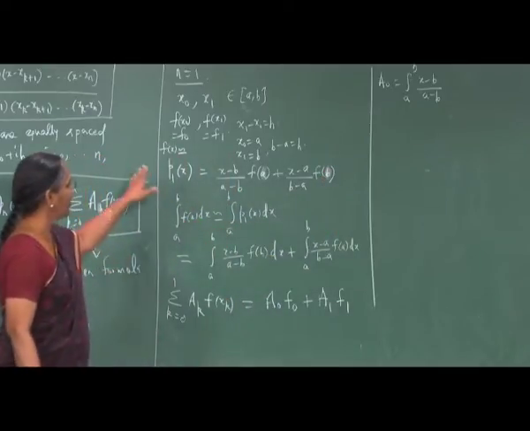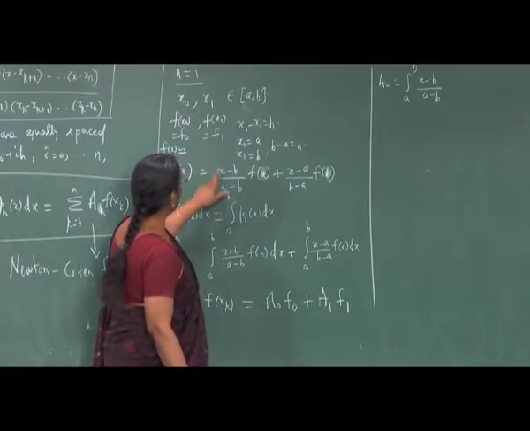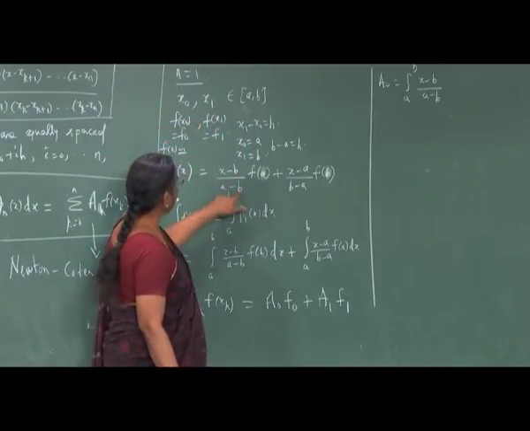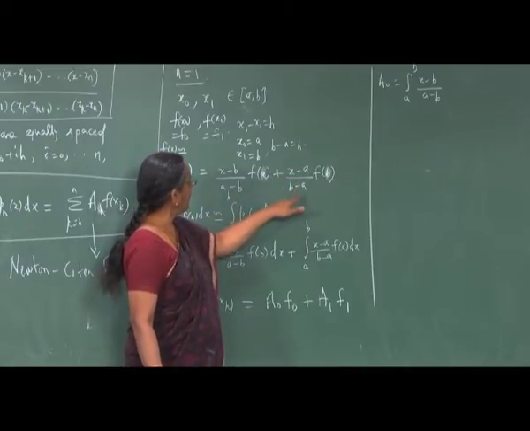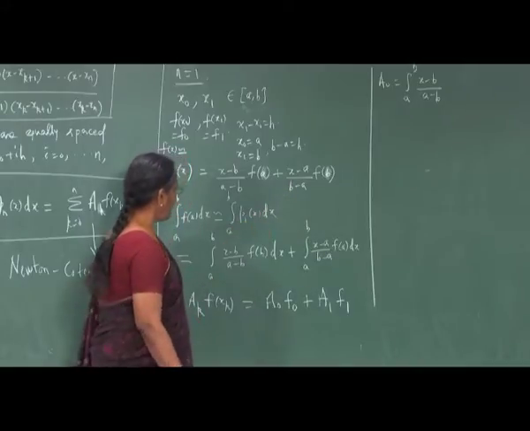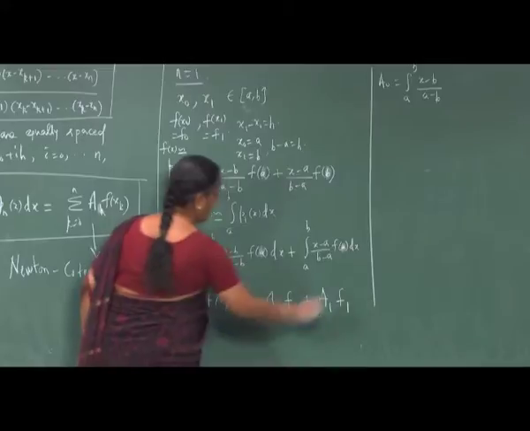Lagrange interpolation polynomial is written. So the points are a and b. So x minus b by a minus b into f of a plus x minus a by b minus a into f of b. So here this will be a and here it is b.